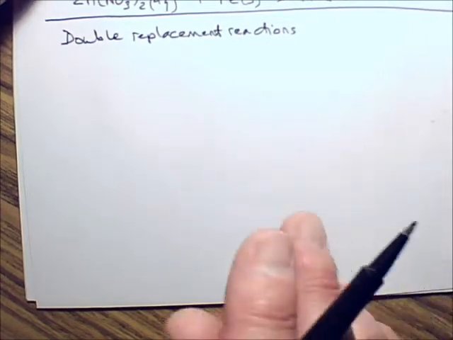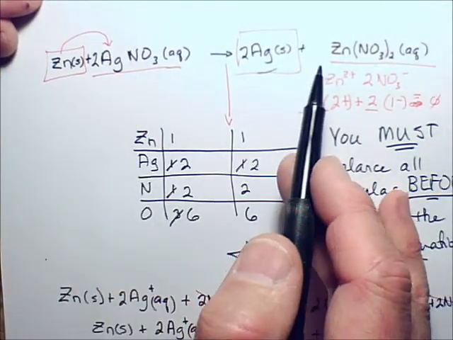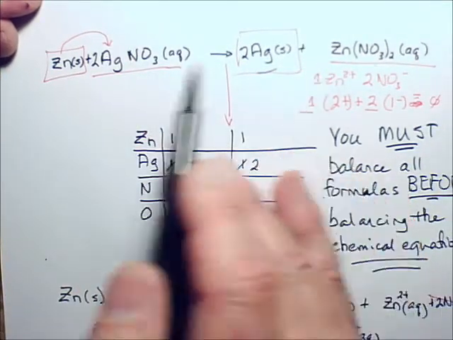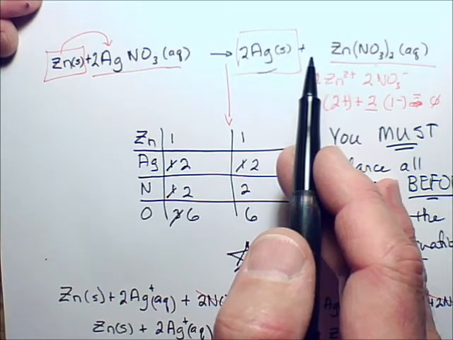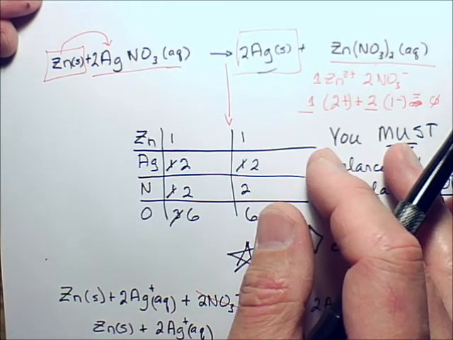Now, we said with single replacement reactions, there was only one driving force. What was the driving force for a single replacement reaction? The thing that makes the reaction occur.